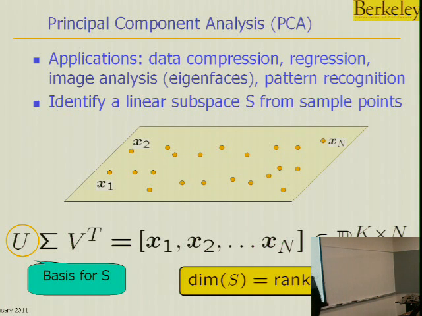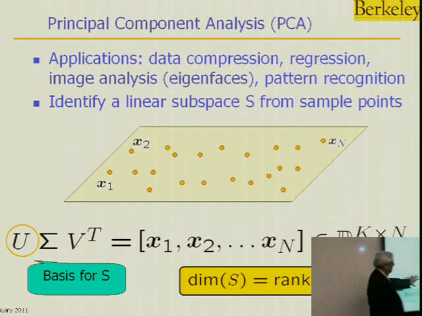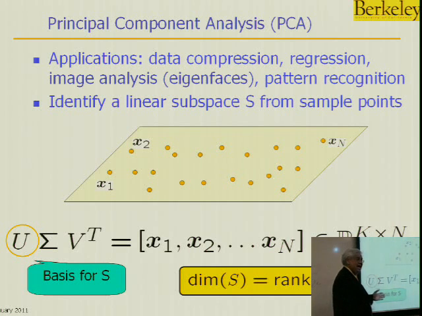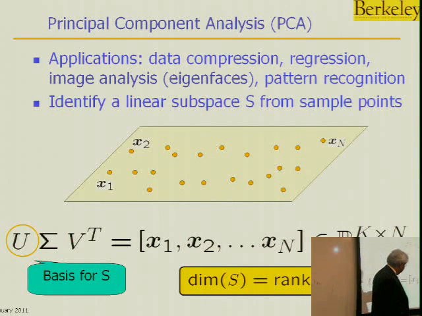I think Alan showed you how to formulate an optimization problem to get the first singular value and then the second singular value and so on. This is k by k. This is N by N. Sigma is rectangular, but it is block diagonal in the sense that, depending on whether k or N is bigger, there's a piece of sigma which is all zeros. And the non-zero entries of the diagonal part of sigma are called the singular values.